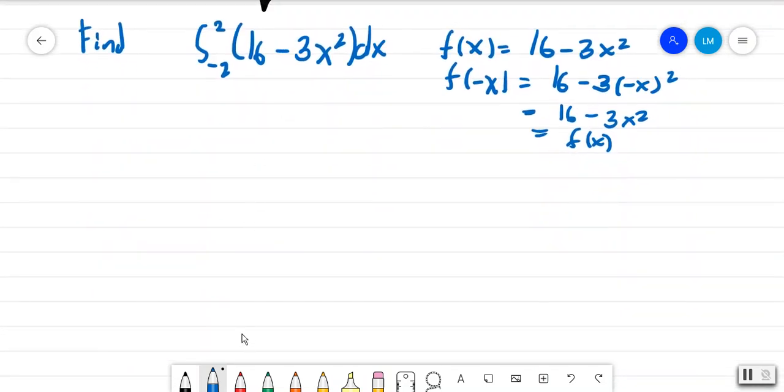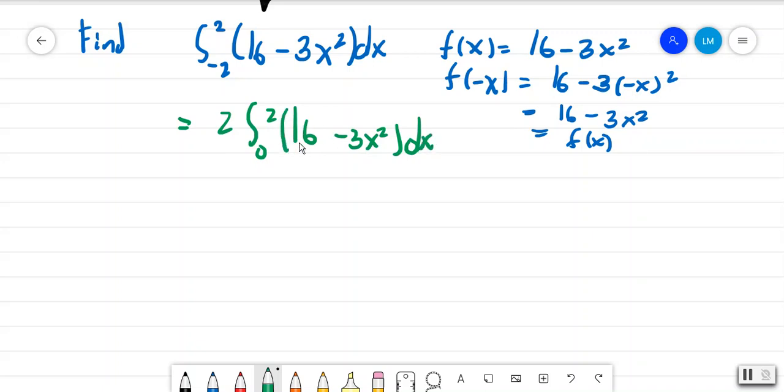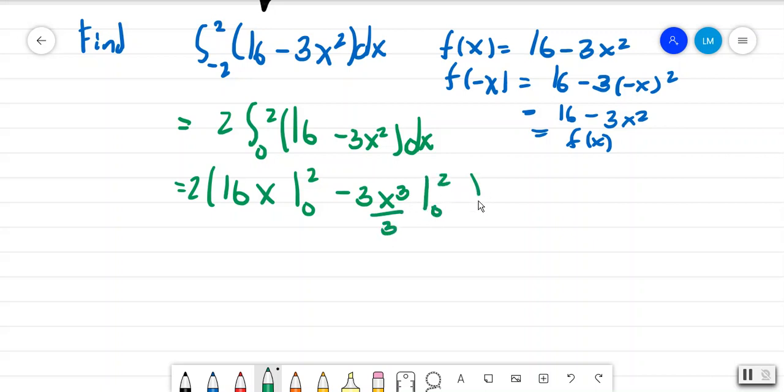Now, what I would do next is say that this is definitely equal to 2 times the integral from 0 to 2 of 16 minus 3x squared dx. What comes next is that we have 16x, and mind you, that's times 2, from 0 to 2, and then minus 3x cubed divided by 3 from 0 to 2.